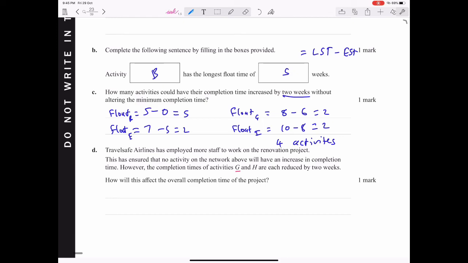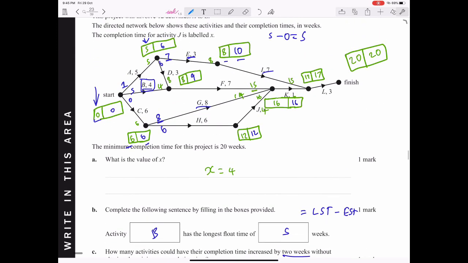So we know that activities G and H are reduced by 2 weeks. If we reduce G by 2 weeks, it becomes 6. And if we reduce H by 2 weeks, it becomes 4. So now you've got to complete the earliest start time for each activity going forward from G and H. We know that from 6 as our earliest start time over here, plus 6, that would now result in 12 being over there.